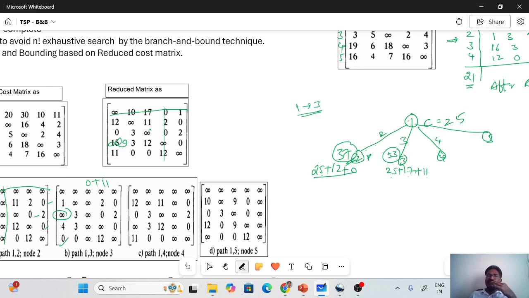These are infinites. So now observe the same. What is the cost it is having? 25. And what is the 1 to 4 cost? 15 plus 15.